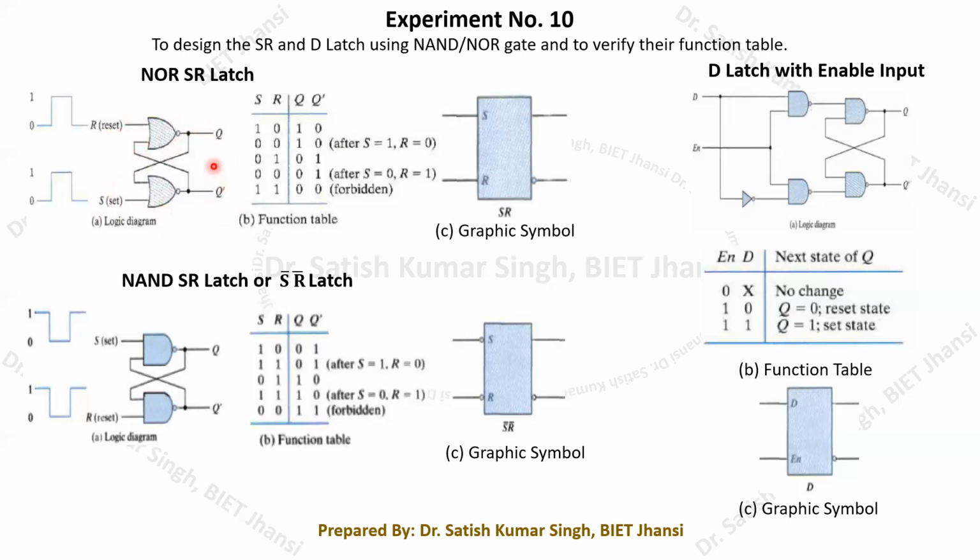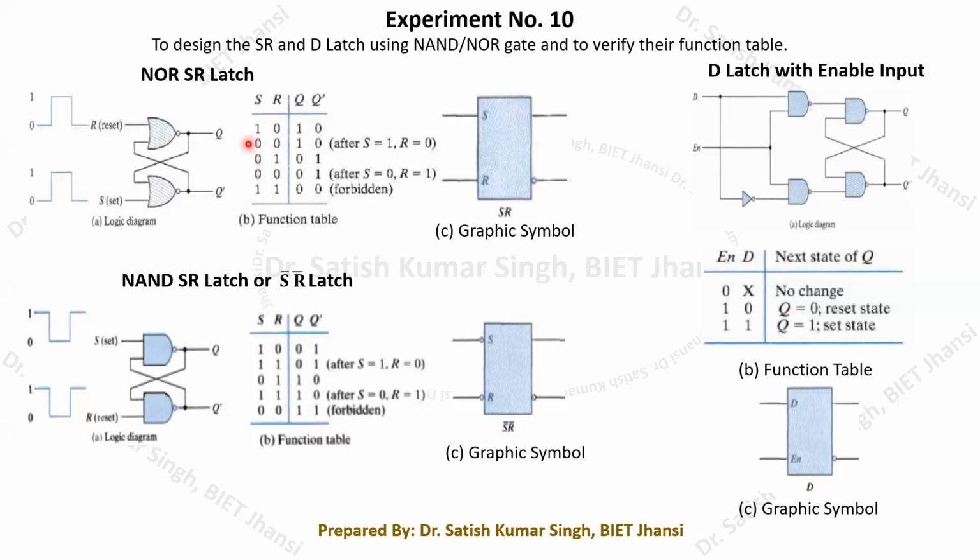But with input conditions s equals 1 and r equals 1, both the outputs are the same, which is 0, 0. Normally this is not the case that we want, and therefore this is referred to as the forbidden combination, the forbidden state. It is a forbidden condition because both the outputs are becoming 0, 0 and are not complements of each other.